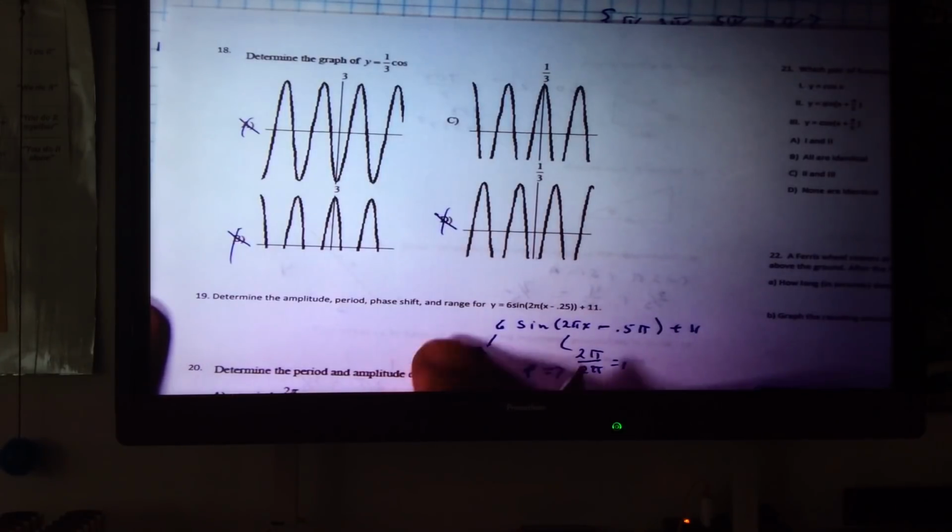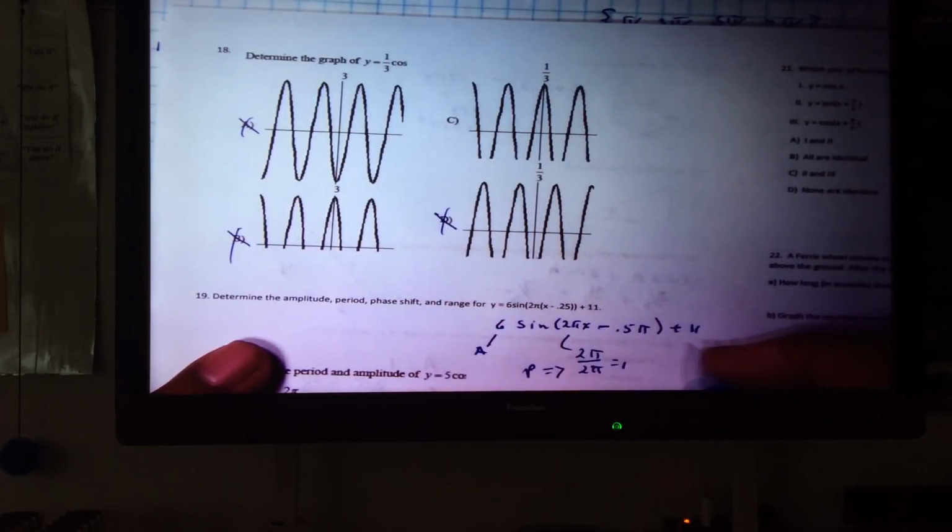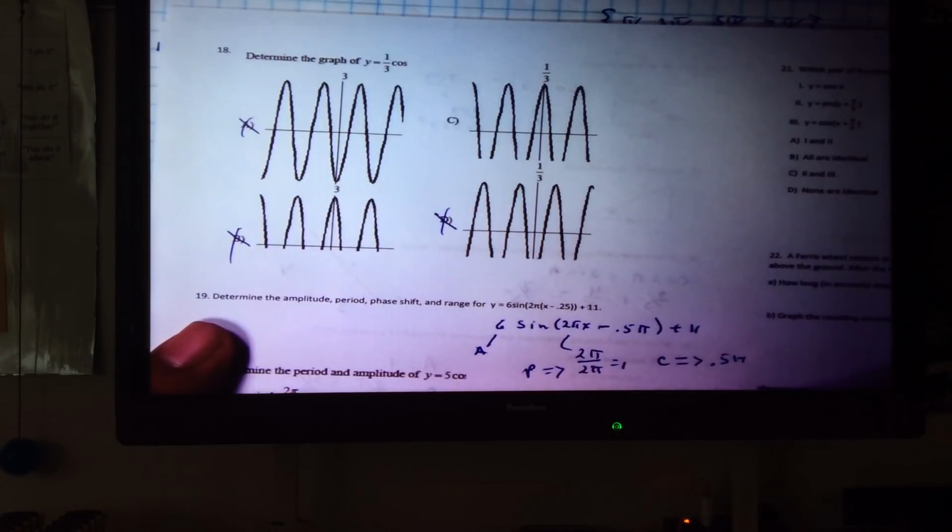And we're looking for the phase shift. That's C. The phase shift is going to be 0.5 pi. And the range for this would normally go from negative 6 to positive 6, but we're adding 11 to it.